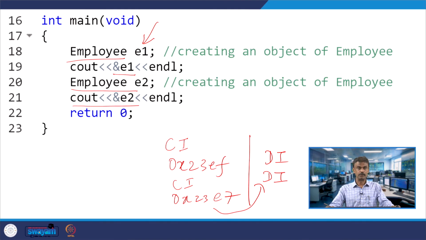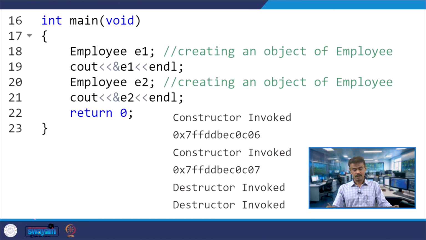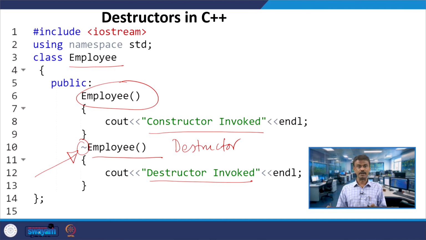So you have to get these 4 as output. Constructor invoked for employee E1, then the address of E1, employee E2 constructor invoked, then the address, and finally, before the return 0, both E1 and E2 invoke the tilde employee destructor.